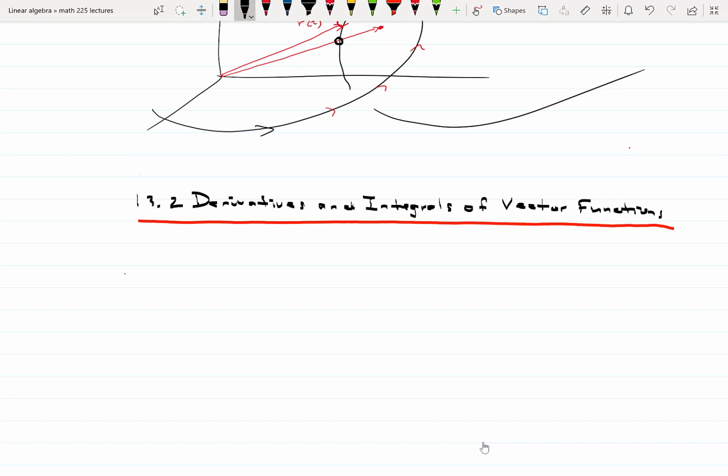Given a vector function r of t, we define r prime of t, this thing we call the derivative of r of t, as, and it's going to look real similar to the definition of the derivative of a scalar valued function, the limit as h approaches 0 of the difference quotient r of t plus h minus r of t over h.